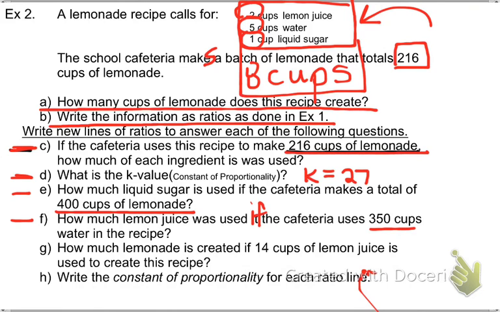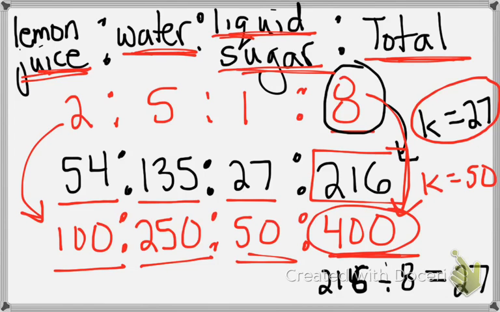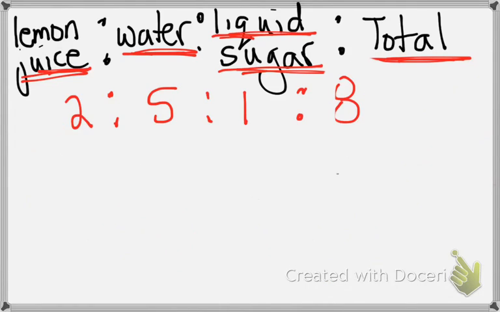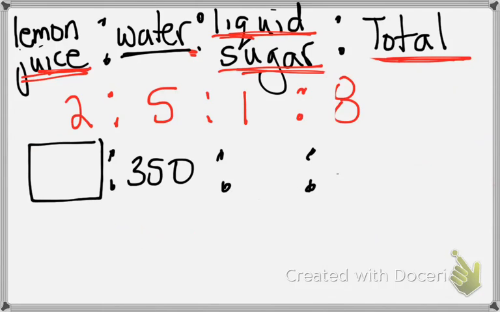This is talking about if you use 350 cups of water, then how much lemon juice was used. So I'm going to pause it and erase this so far. So they're saying if our water is 350 cups, how much lemon juice would we have to use?